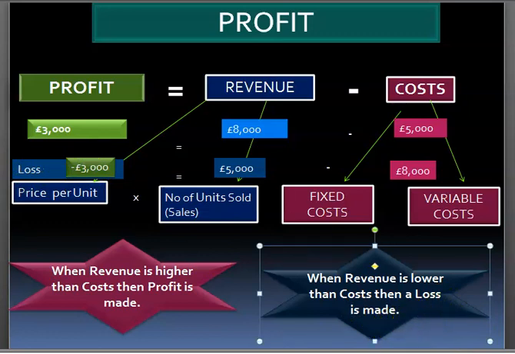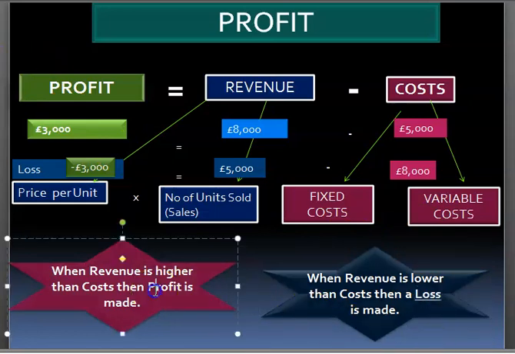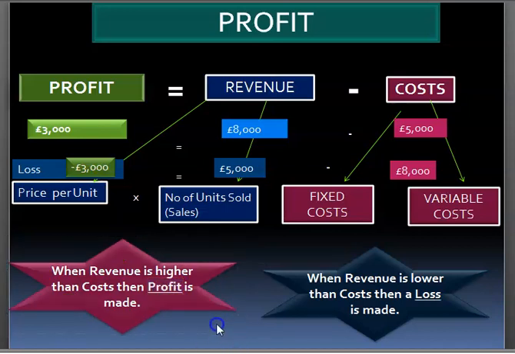Loss is made when the amount spent is higher than the amount coming in. And they make a profit when revenue, the amount that comes in, is bigger than how much they spent. So that is just the way it is.